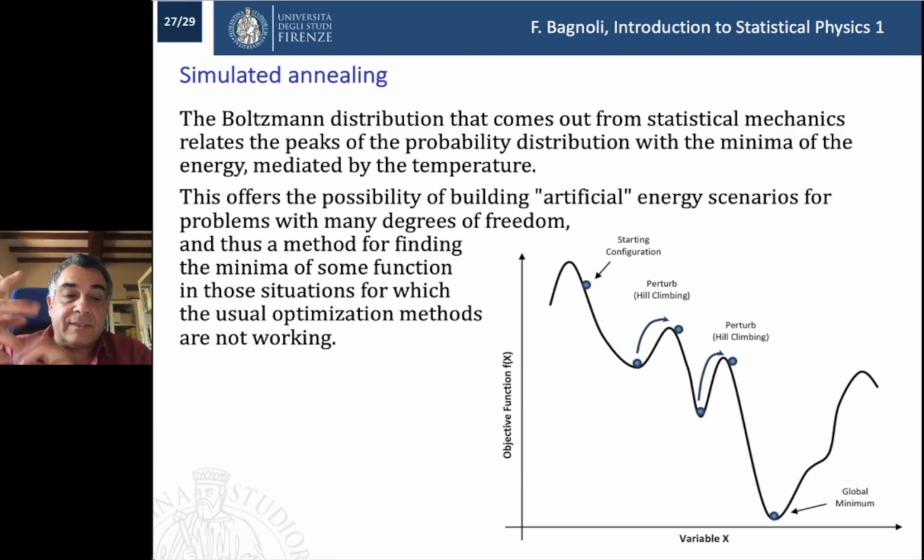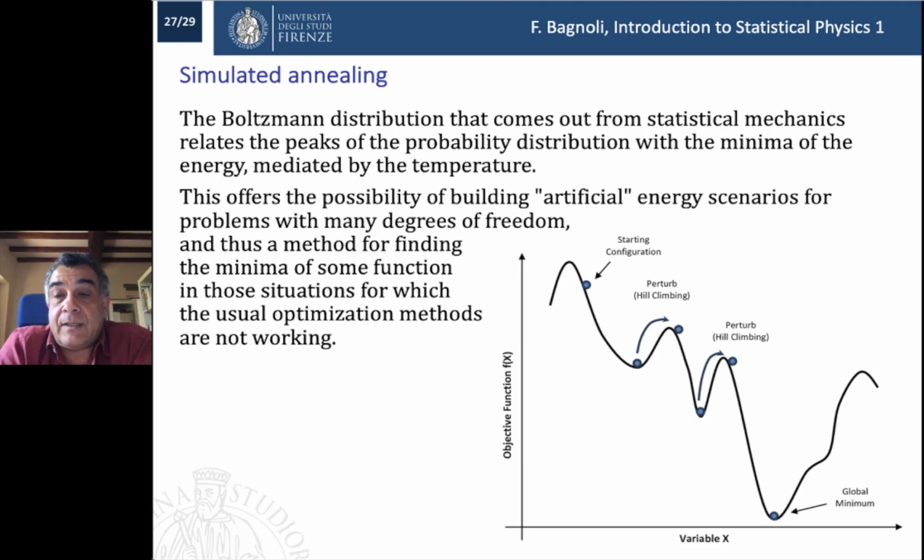But when these variables become too many, these analytic approaches do not work anymore. And so in the 70s or 80s, they started to consider the equivalence between the problem of finding the optimum of a function and the problem of finding the minimum of a statistical system.